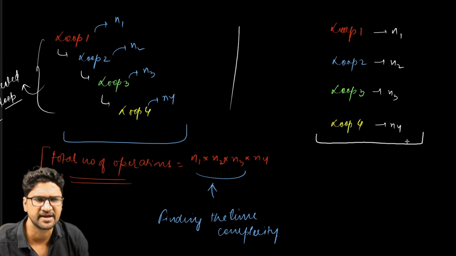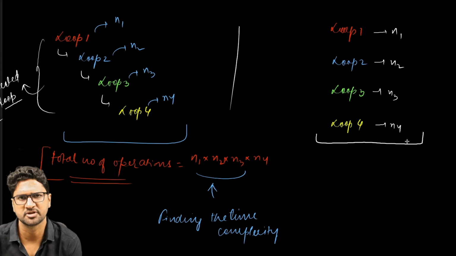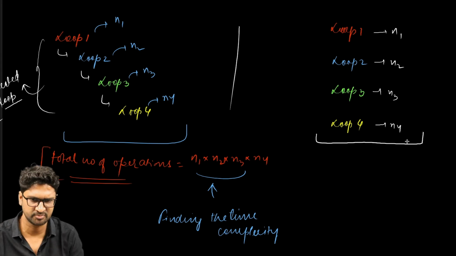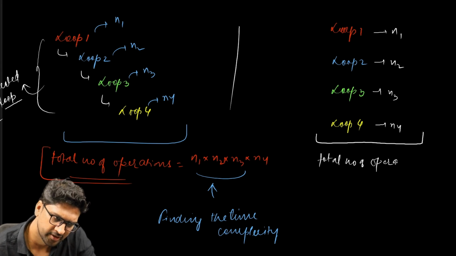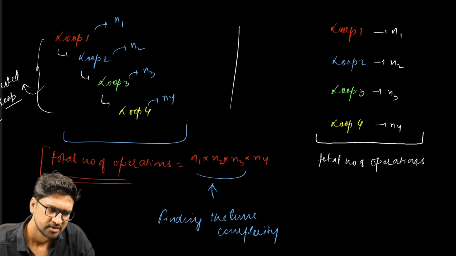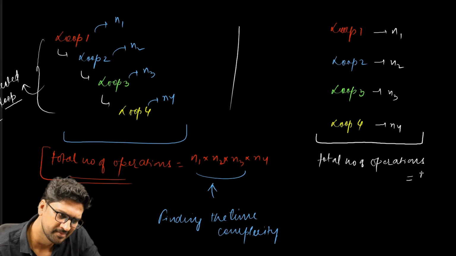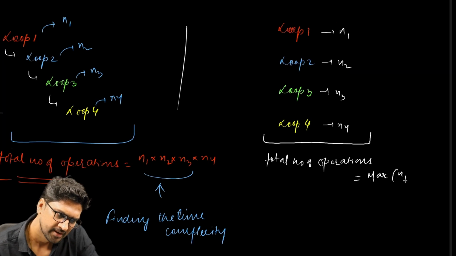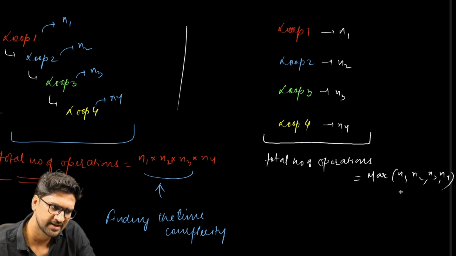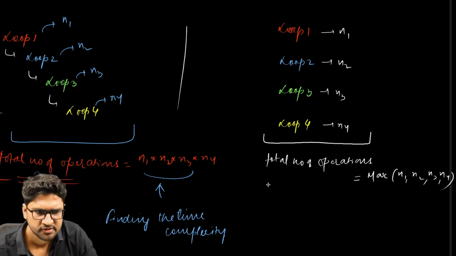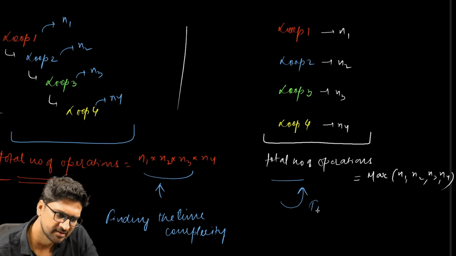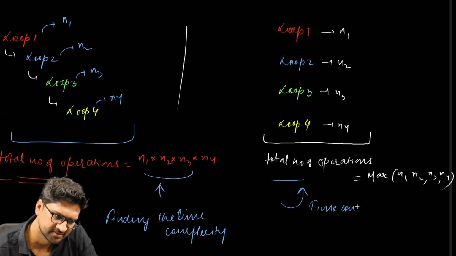For this, if I want to estimate the total number of operations for finding the time complexity, the total number of operations should be equal to the max of n1, n2, n3, and n4, and this will be used for finding the time complexity.